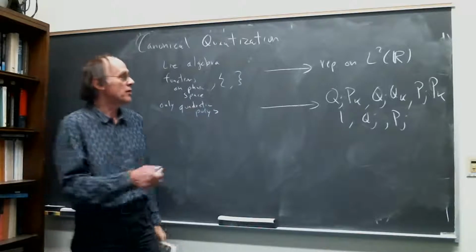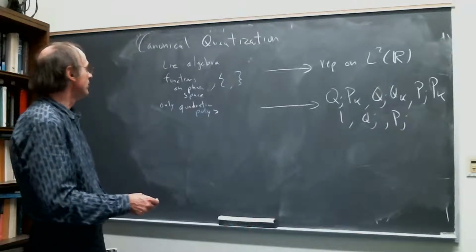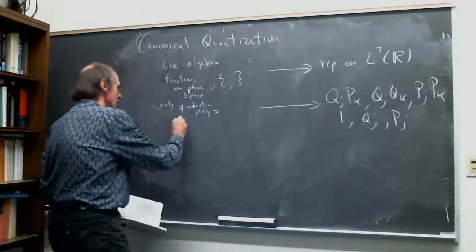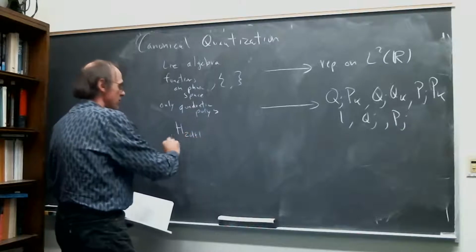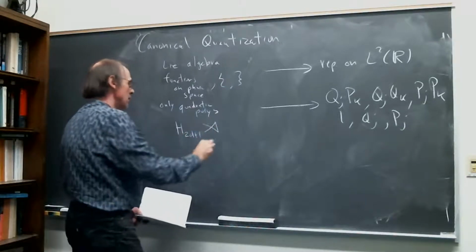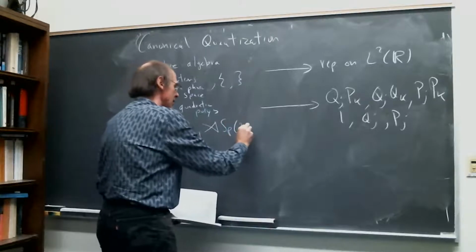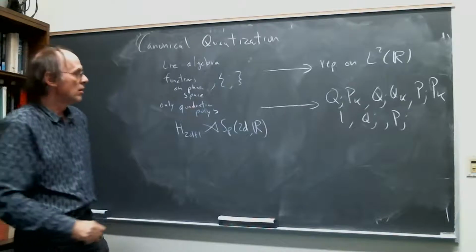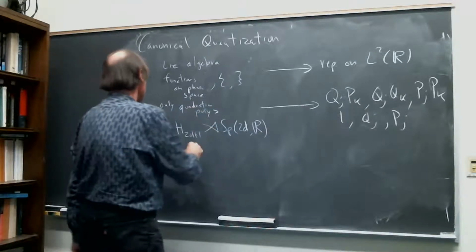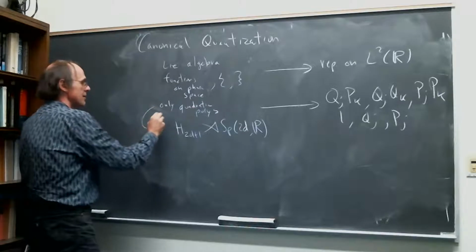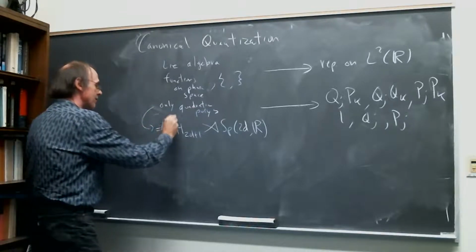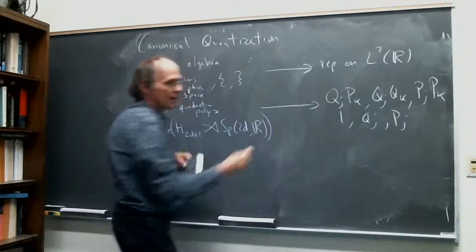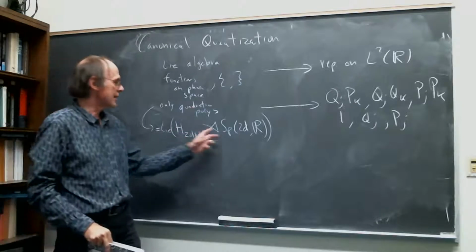By doing that, you've constructed a representation of a group, which is the Heisenberg group in 2d dimensions, semi-direct product with the symplectic group Sp. This is the Lie algebra of this group. So you constructed a representation of this group.